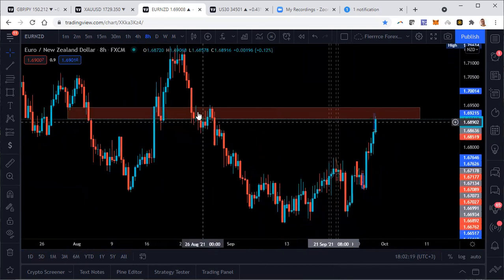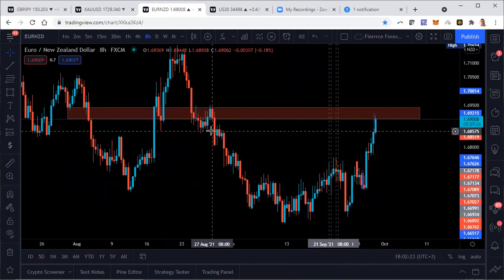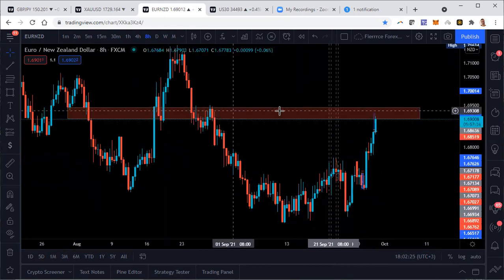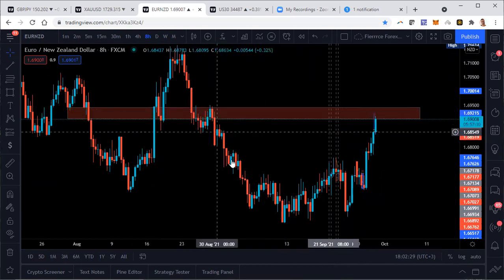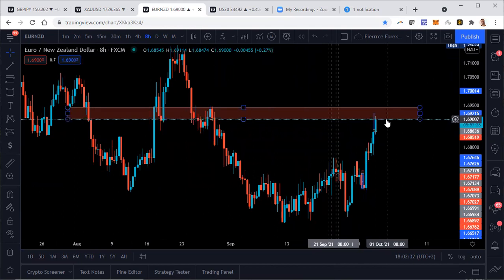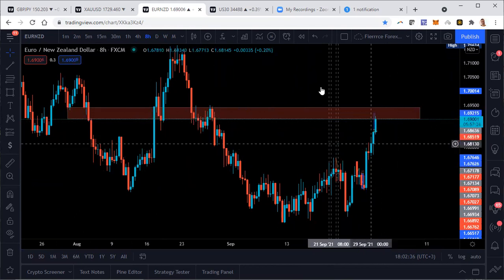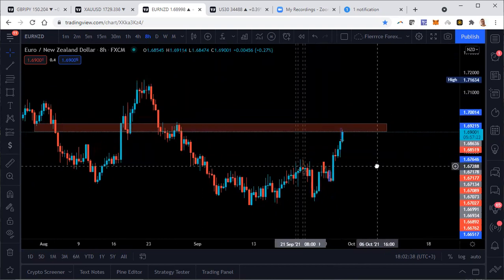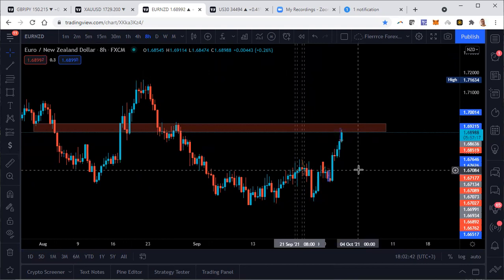Price pushed back in and then rejected, and when it rejected, it formed an interesting level here. Once we see price coming back here, my assumption is price is going to bounce off of here. You can check your charts later on and see if price does indeed bounce off this level.